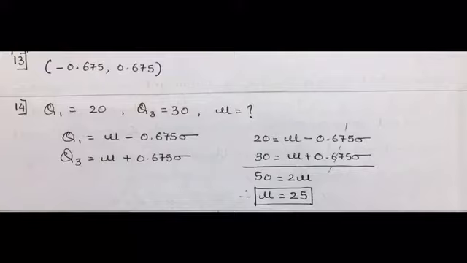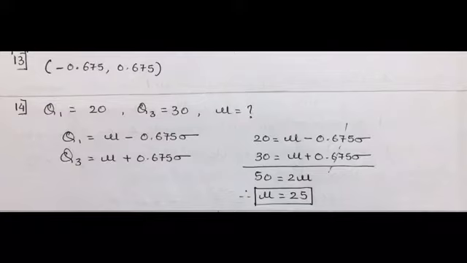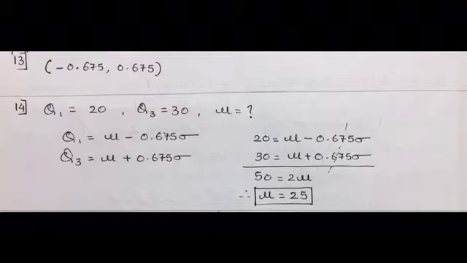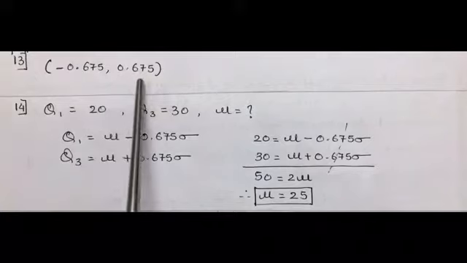Chapter 3, Normal Distribution, section B, question number 13. It is given as: for a probability distribution of a standard normal variable, state the estimated limits for the middle 50% of observations. Now the middle 50% of observations lie between Q1 and Q3.